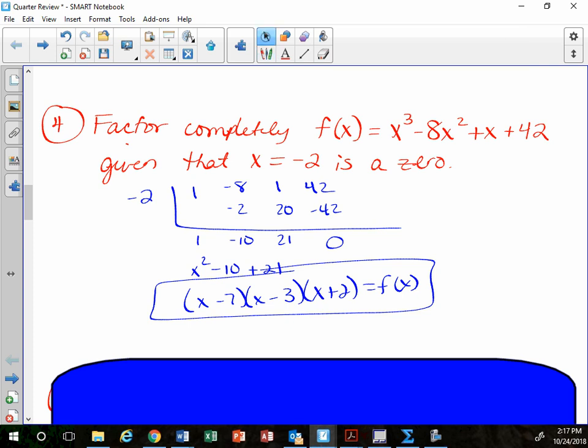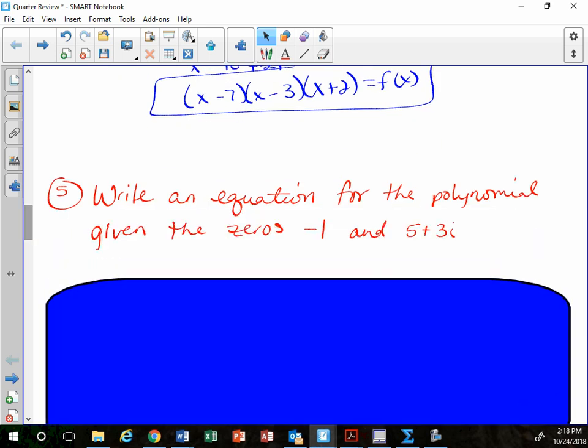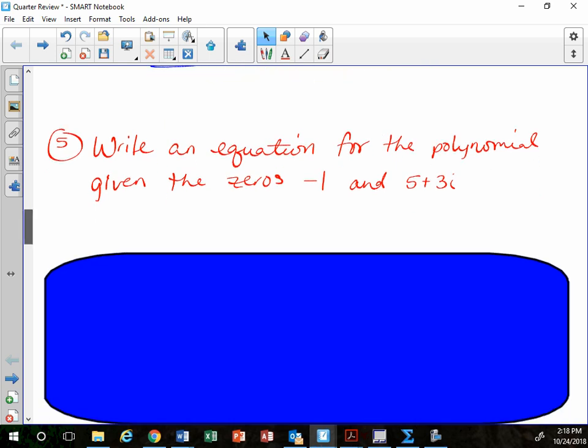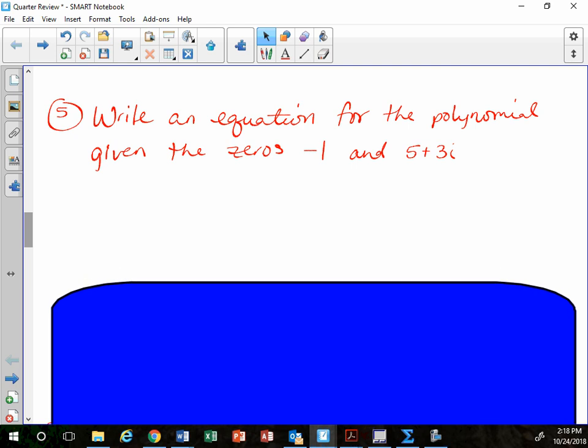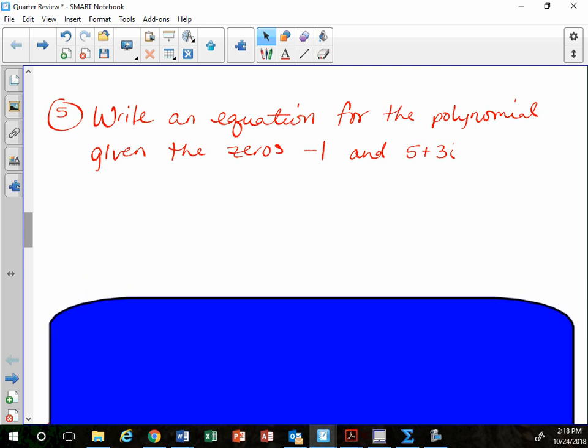All right. All I said was factor. I didn't say solve. So do what I'm asking you to do, okay? We can do anything with functions. We should always just put f of x as a rule. If it says factor or write the function or write the polynomial, if you're writing an equation, actually make it an equation.